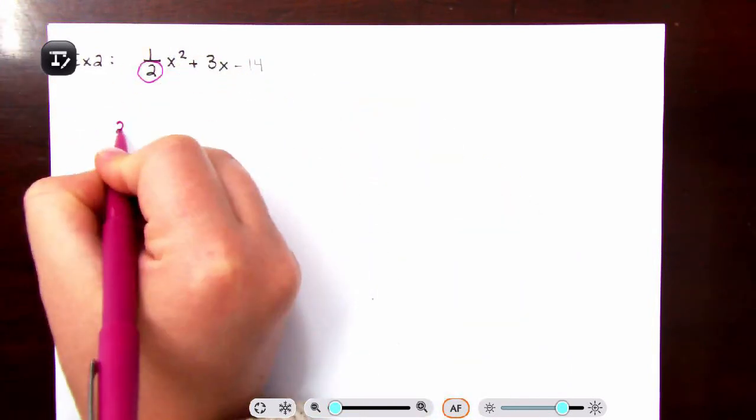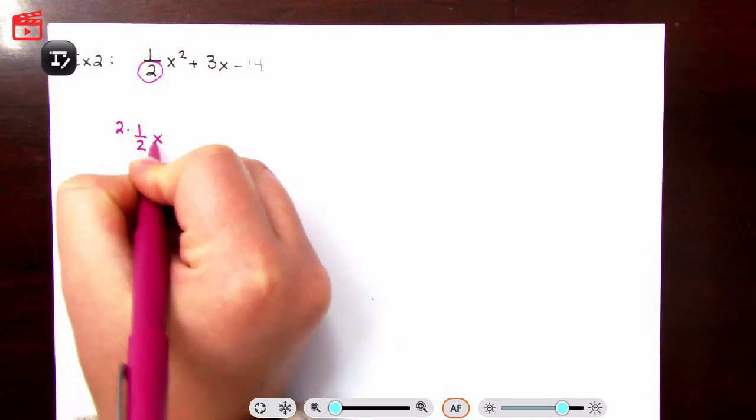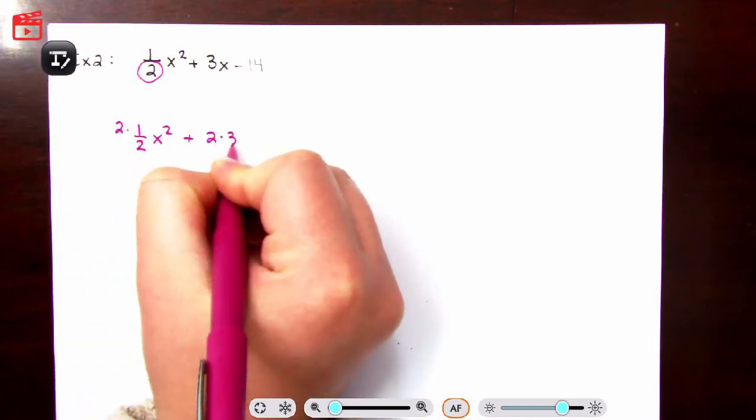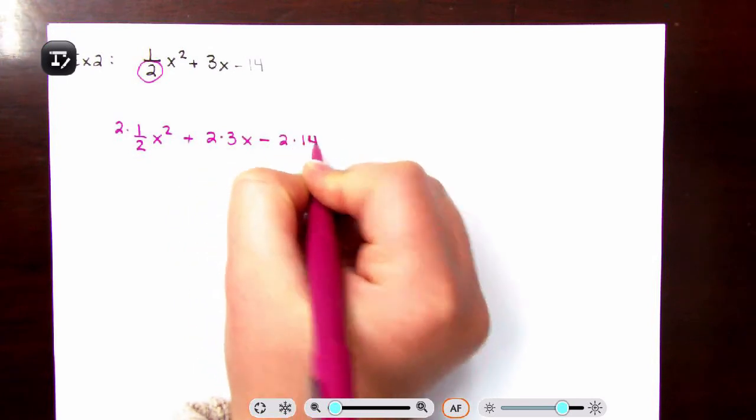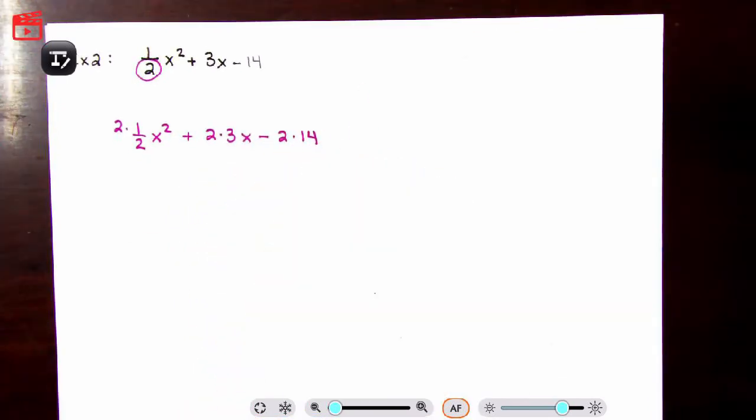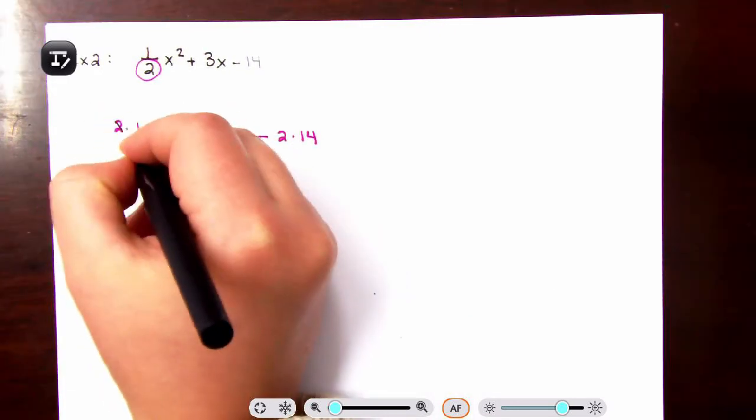So I'm going to say 2 times 1/2 x squared plus 2 times 3x minus 2 times 14. And that way, you're going to end up with larger numbers, but this fraction goes away.